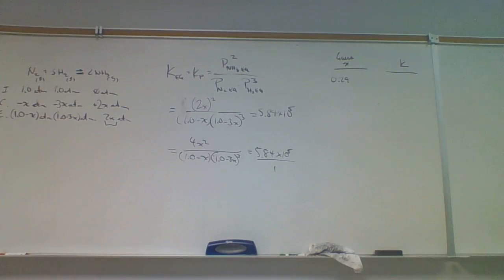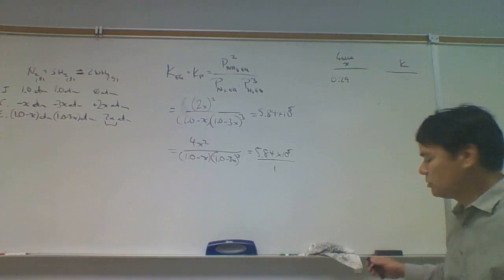So times 0.71 equals, invert this, times 4 times 0.29 cubed. 2.43 times 10 to the minus 2.